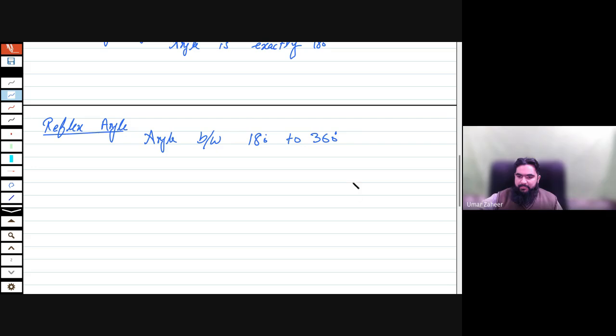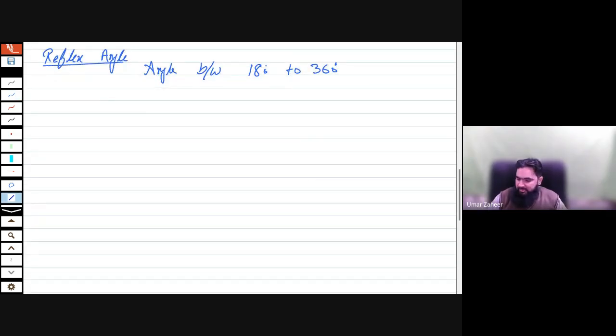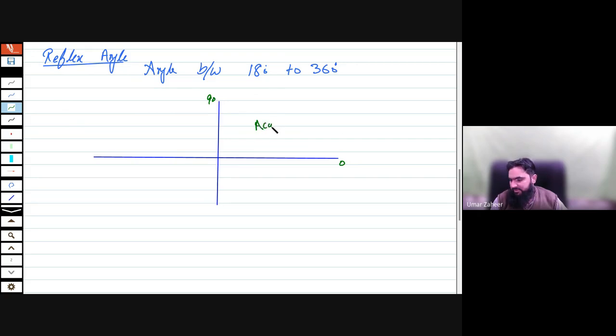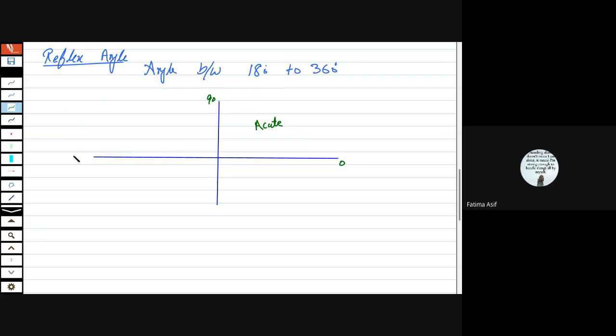Okay, let's make a small chart in gradient form. Look here. It is 0 degrees. It is 90 degrees. The angle that lies here is known as an acute angle. Yes, Fatma?